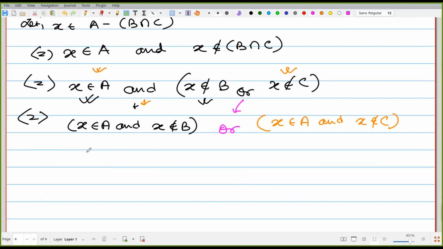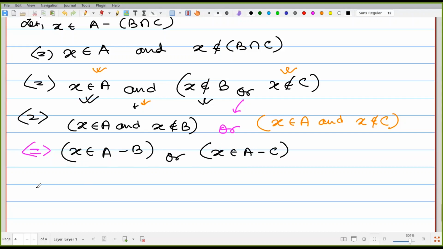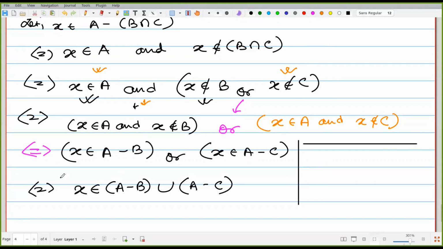So we are writing it finally that x belongs to A minus B, or x belongs to A minus C. So that one, x belongs to A minus B, or, as belongs to and OR, so union, A minus C. So finally we can say that one, the same element.